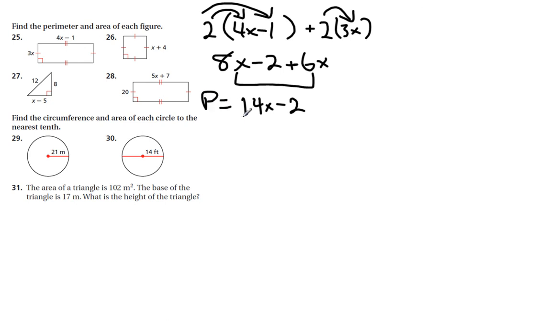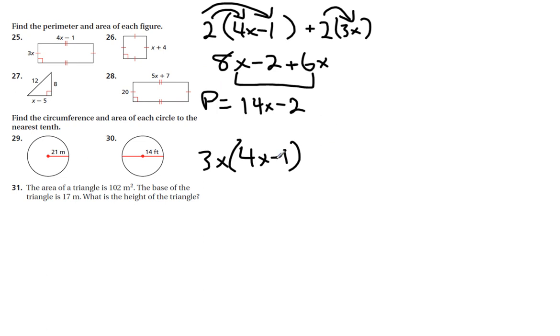Yay. Alright, the area, length times width. So 4x minus 1 times, let's put it over here, 3. Who taught you area? Not times 4. That's perimeter of a square.